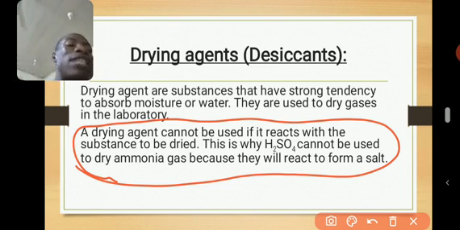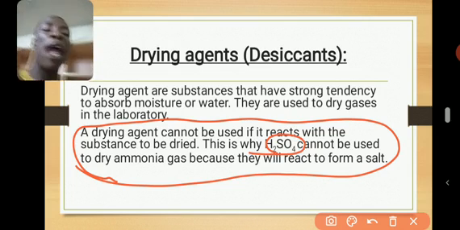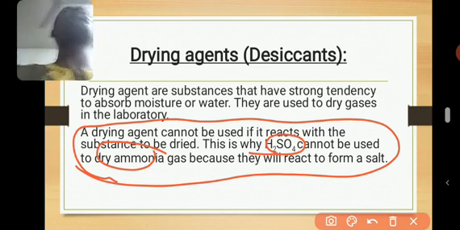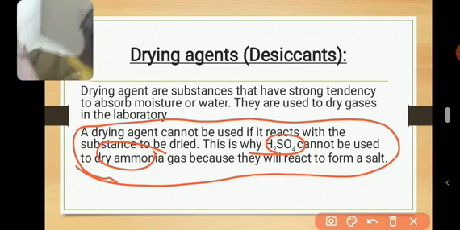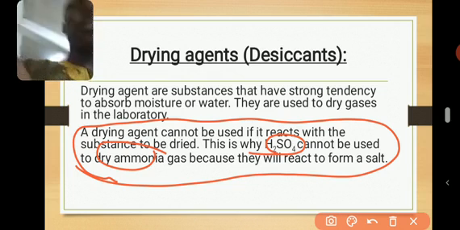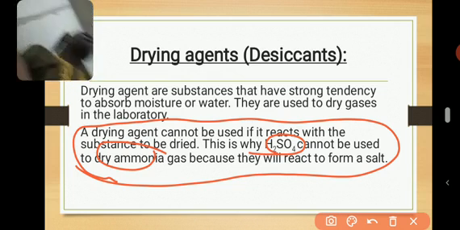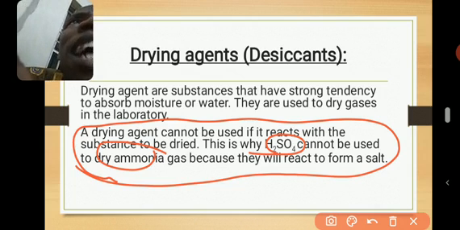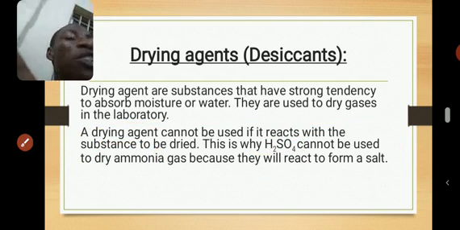I've said that H2SO4 cannot be used to dry ammonia because it will react with the ammonia to form a salt. You can guess the name of the salt that will be formed: ammonia and H2SO4 give ammonium sulfate, which is used as fertilizer. So you don't dry ammonia with conc H2SO4. Apart from that, calcium oxide can also not be used to dry hydrogen chloride gas.